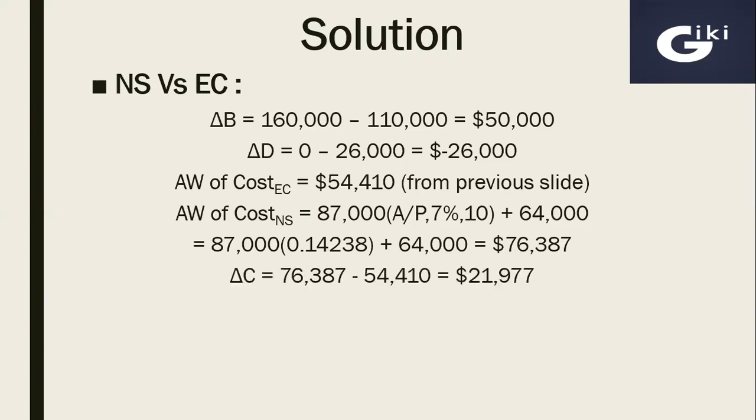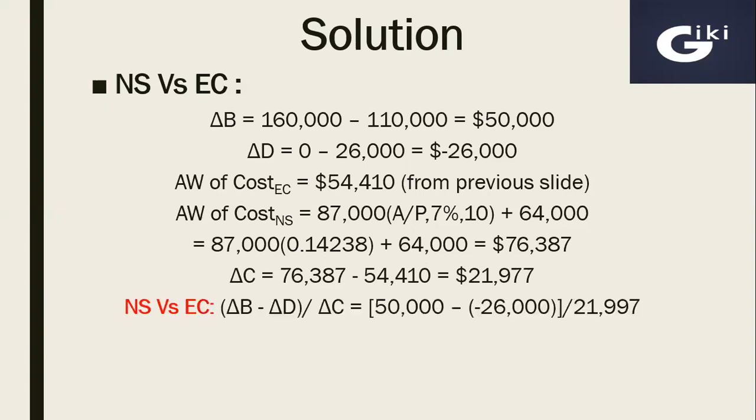So incremental cost benefit ratio will be equal to incremental benefits minus incremental disbenefits divided by incremental cost. Incremental benefit is 50,000, incremental disbenefit is minus 26,000, and incremental costs are $21,997.